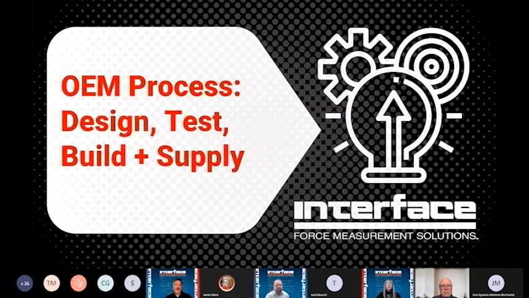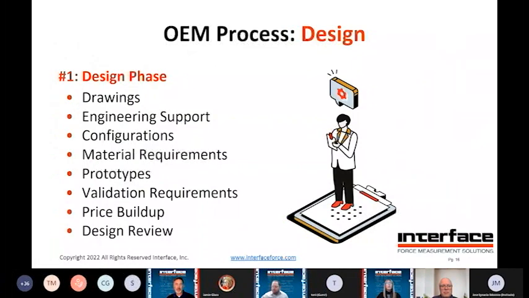All right, thanks, Brian. So yes, here I'll go over our OEM process, the four phases: design, test, build, and supply. In the design phase, obviously, we start off with the drawings, getting those generated, reviewing those with the customers, making sure that we're hitting all those specifications. Engineering supports this important phase of the process.